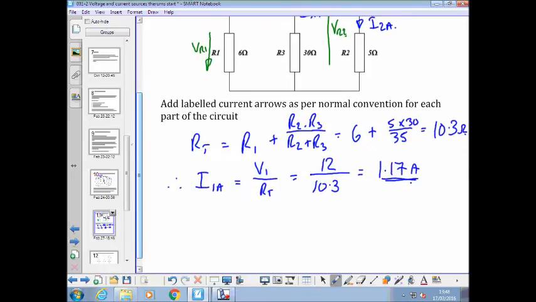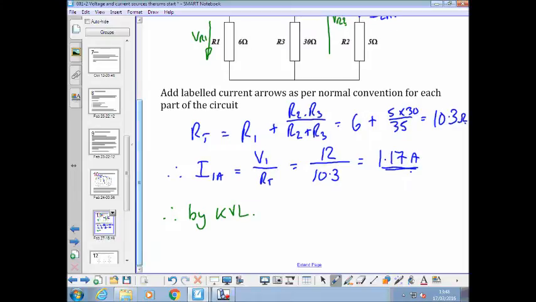Therefore, by Kirchhoff's voltage law, VR1 is equal to what? Oh, sorry, hang on. No, I won't do it like that. I'll change my mind.